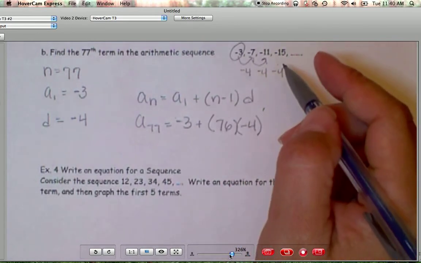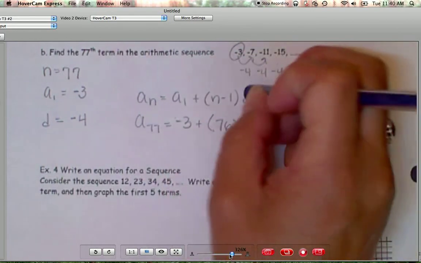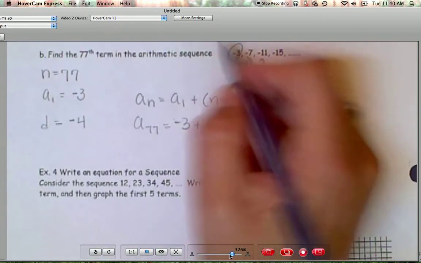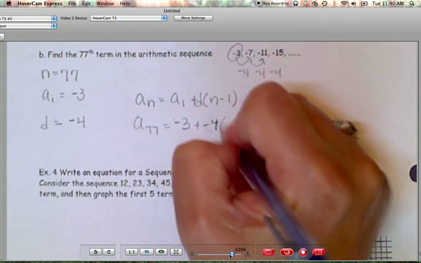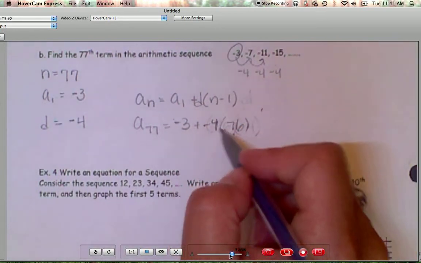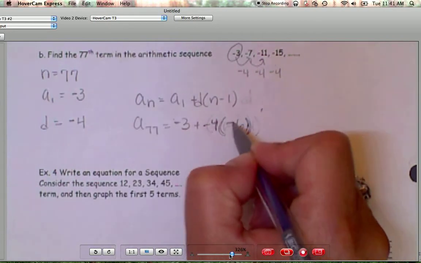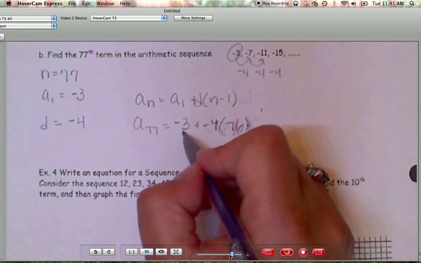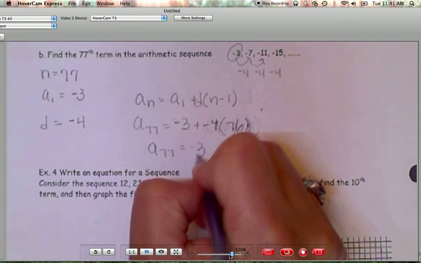Some books will write the formula with the d in the front, and I actually think that works out a little bit better. You get the -4 in the front and the 76 behind, and there's no confusion as to whether you're adding, subtracting, or multiplying them, because you'll know that you're multiplying them every time. So we do 76 times -4, and then we add -3. And you should get -307.